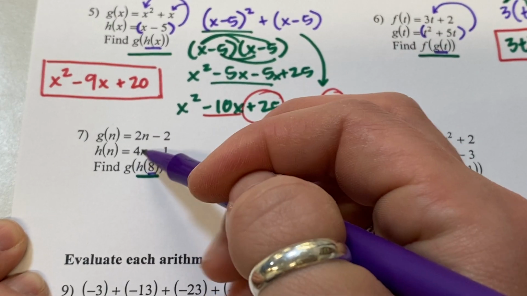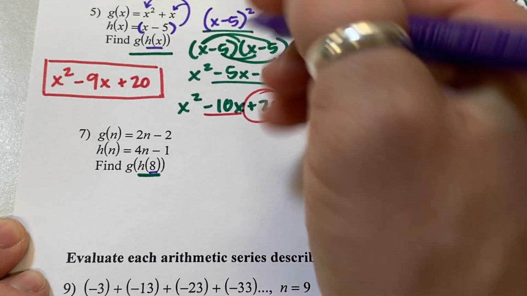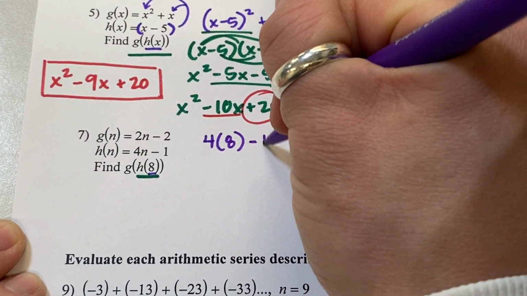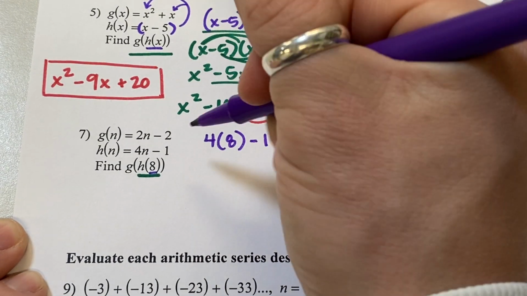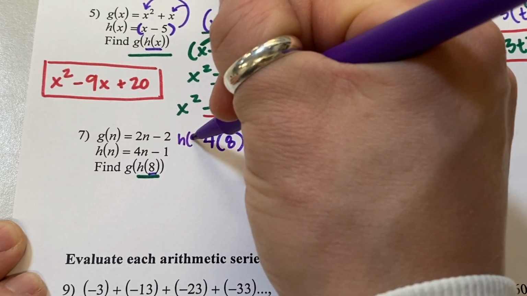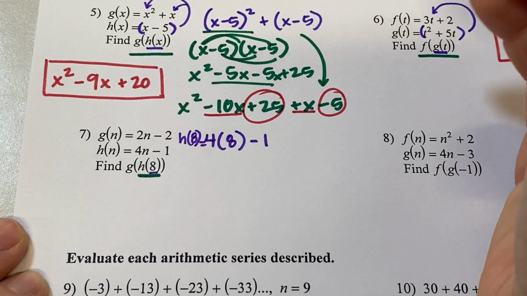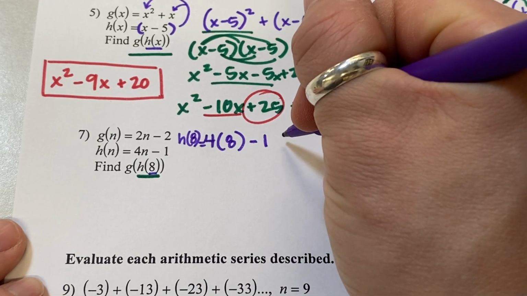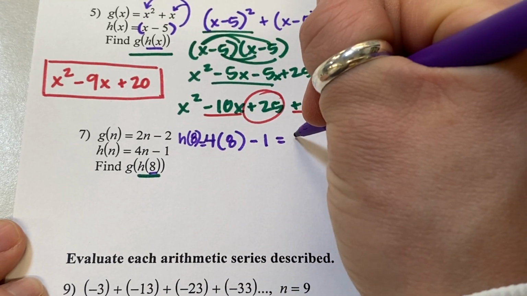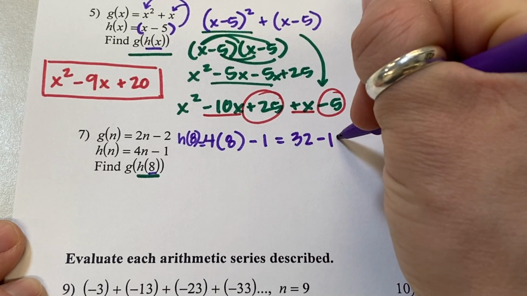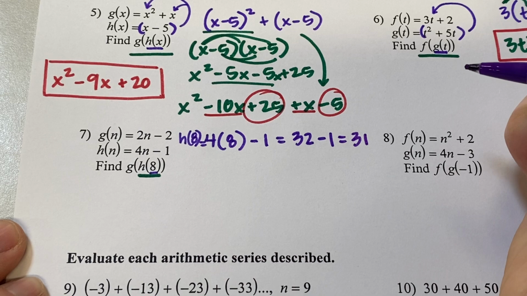So instead of n, it's now 4 times 8 minus 1. So I'm going to say this is h of 8 here, equals, little squished right there, sorry about that. Okay, this becomes 4 times 8 is 32. 32 minus 1 is 31.